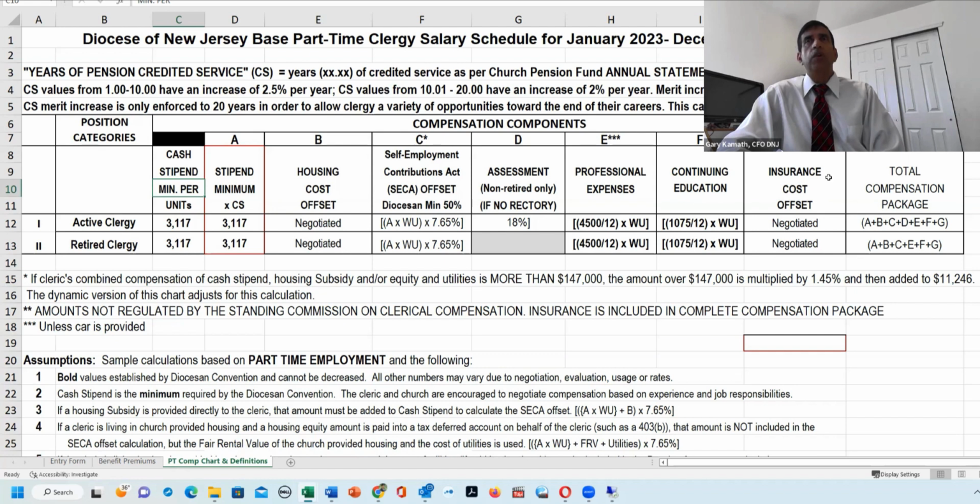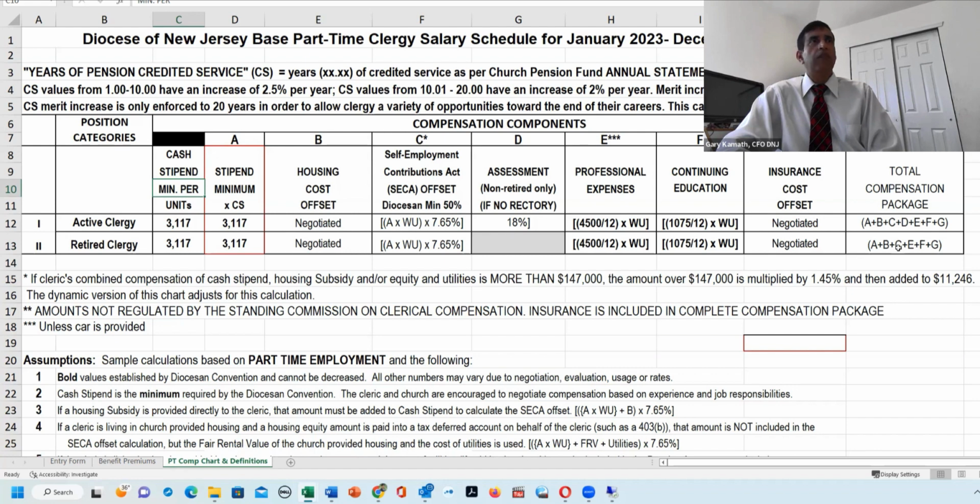Insurance cost is also negotiated, in the sense that there is no minimum like we have for full time, but you could use the full-time chart as a guideline if you need to provide them insurance for negotiations.